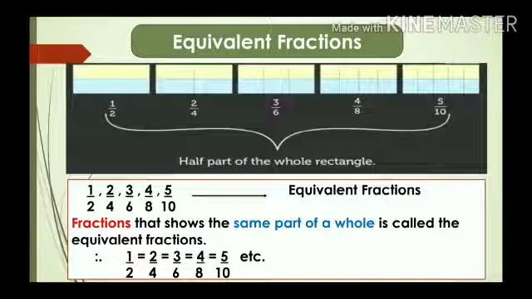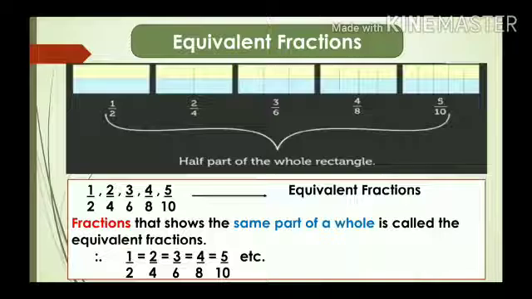So, 1 upon 2, 2 upon 4, 3 upon 6, 4 upon 8, 5 upon 10 are all equivalent fractions. Thus, we can say fractions that show the same part of a whole are called equivalent fractions.